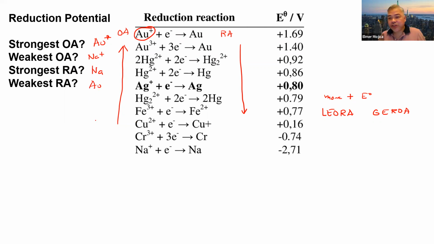Now, what other information can we get from here? Let's say I highlighted here the silver. What does this silver mean? Anything below the silver, here, mercury, iron, copper, chromium, sodium ions, can be oxidized by the silver.